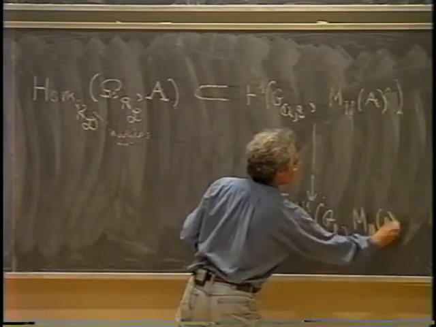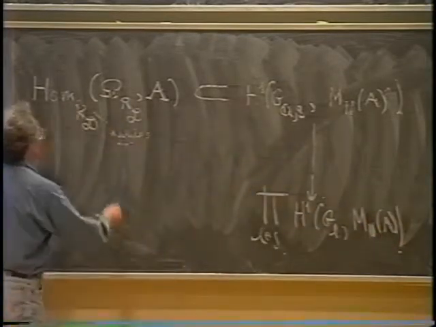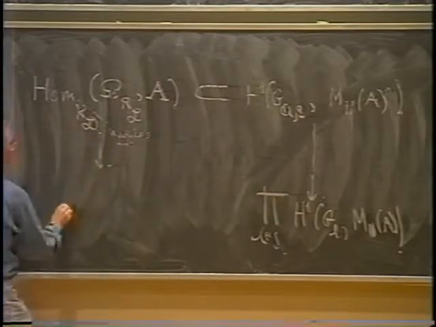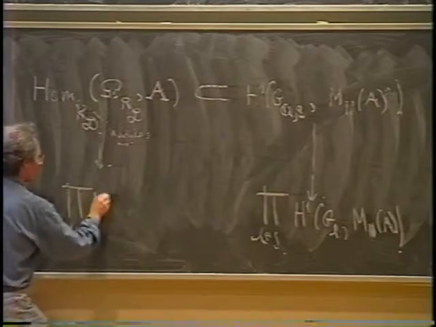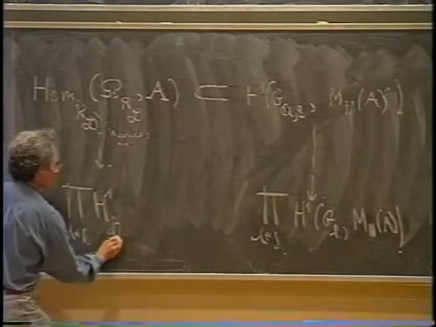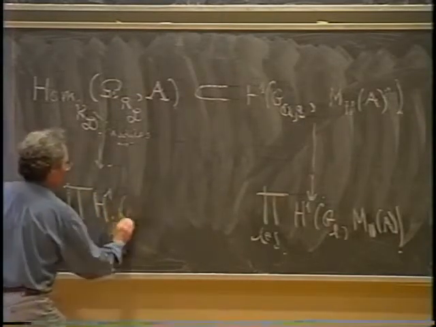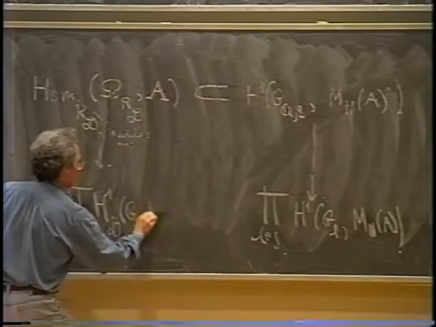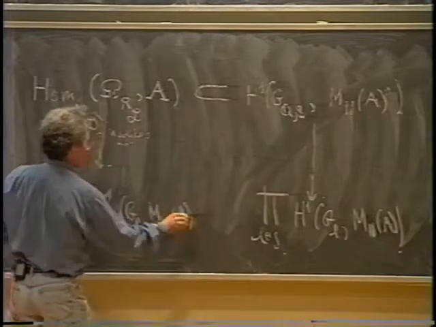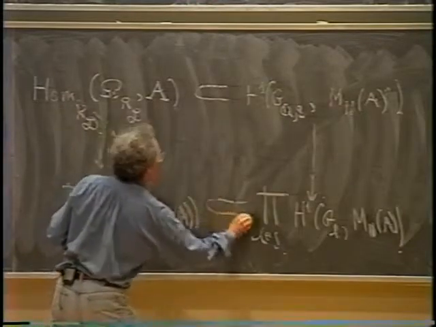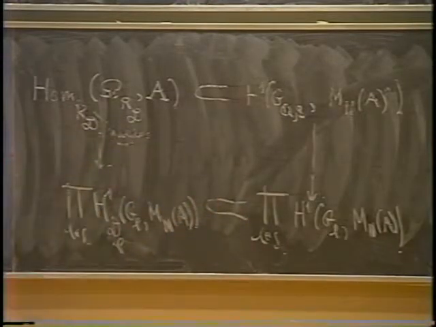Same thing as before. It maps to the product, l in S, of the part of the cohomology that satisfies the local condition at l, G_l, M_N(A).